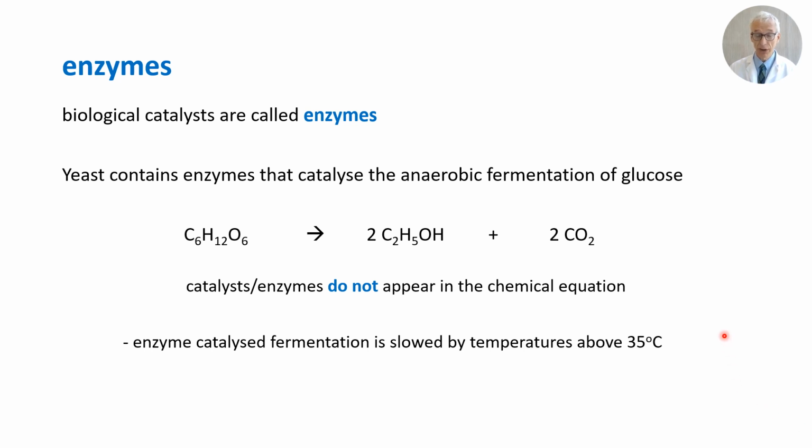One difference between enzymes and catalysts such as transition metal compounds is that the enzyme action is slowed by temperatures above 35 degrees Celsius. So in this example, there's a temperature of 35 degrees Celsius above which the enzyme is less effective.